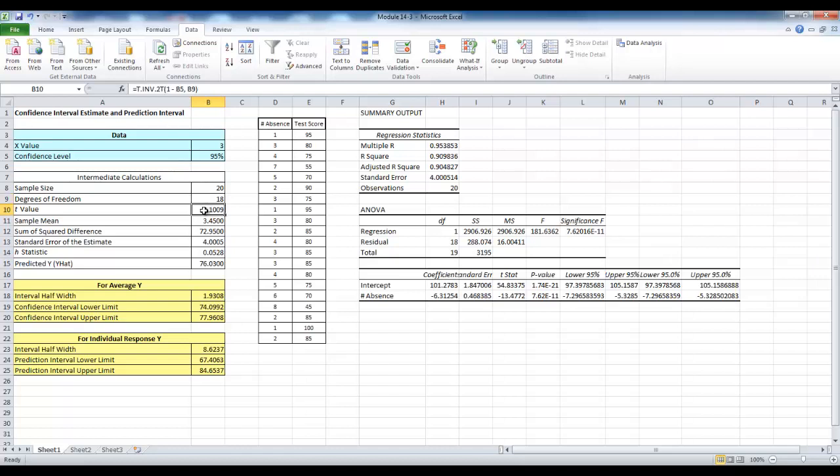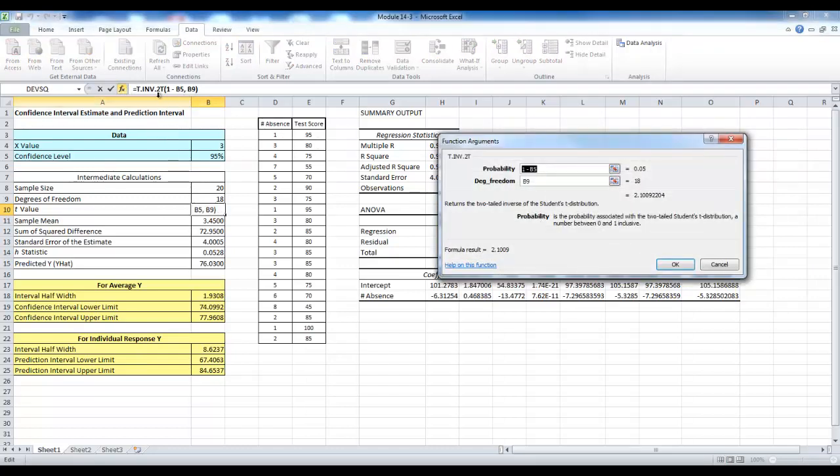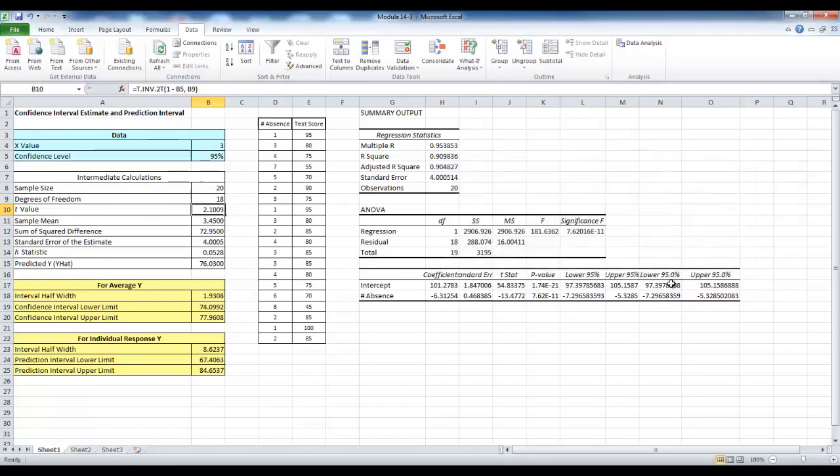And the t-value for a two-tail test, as we already saw in previous chapters, is T.INV.2T of 1 minus B5, because we want to put 5%, alpha is 5%, 1 minus 95%, with degrees of freedom B9, and the answer is 2.1009.